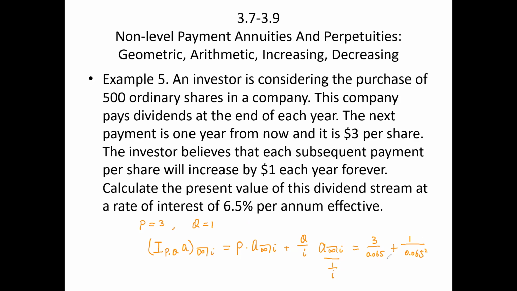That's for per share, and we have 500 shares. So we're going to multiply the whole number by 500. So the answer will be 500 times 3 over 0.065 plus 1 over 0.065 squared.